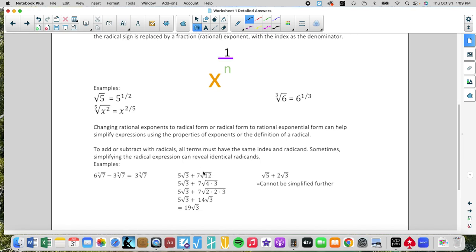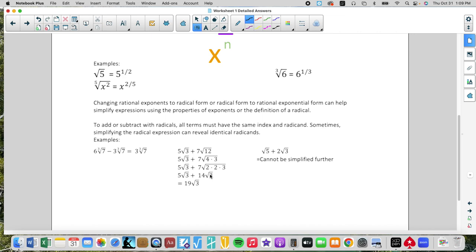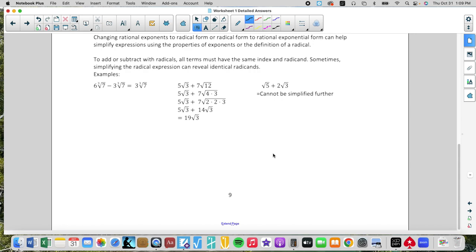And we see that we can simplify some radicals, and once we simplify them, we end up with like radicals. We can combine their coefficients. Like radicals combine their coefficients. These do not have like radicals, so we cannot combine their coefficients, and that is simplified completely.